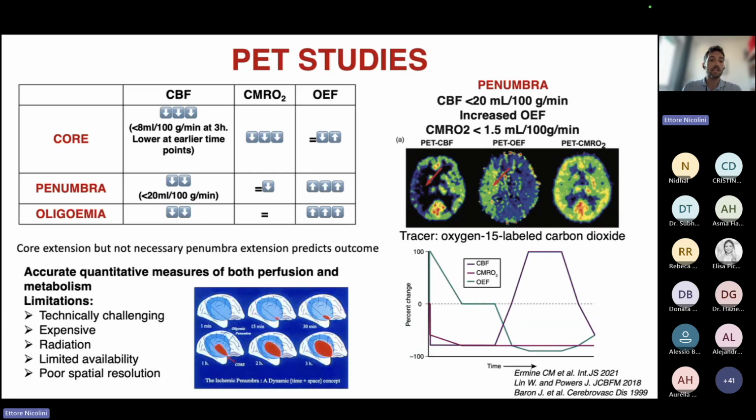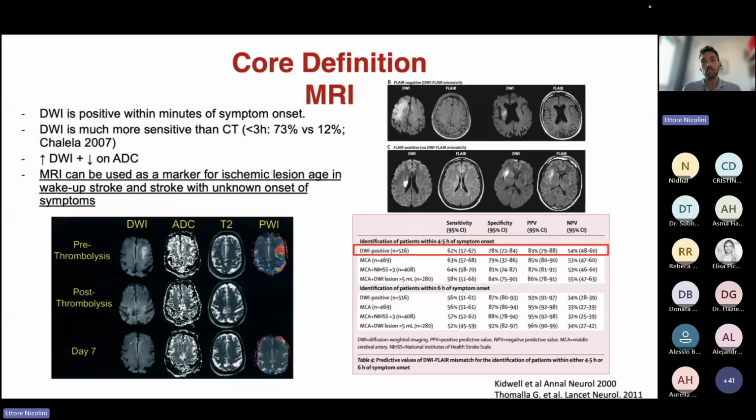There is a limited availability of these studies, and they also have a relatively poor spatial resolution. So the first widely used imaging to classify the ischemic tissue was MRI.